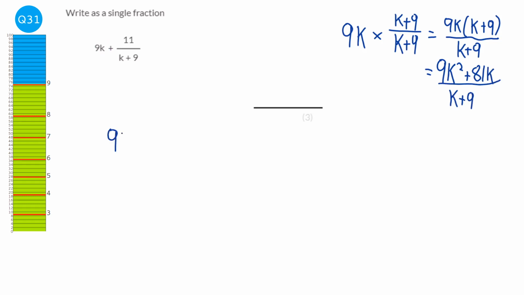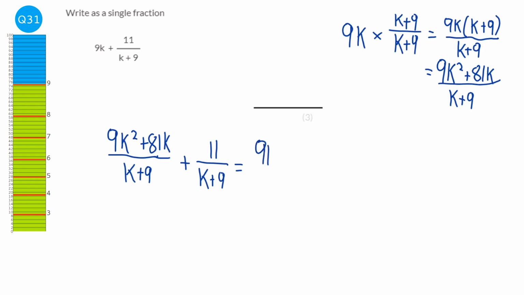So we've got 9k squared plus 81k over k plus 9, which is just that 9k bit, plus 11 over k plus 9. And whenever we're in this situation here, we just add the numerators. So it's going to be 9k squared plus 81k plus 11, and all of that over k plus 9. And that will be our answer.